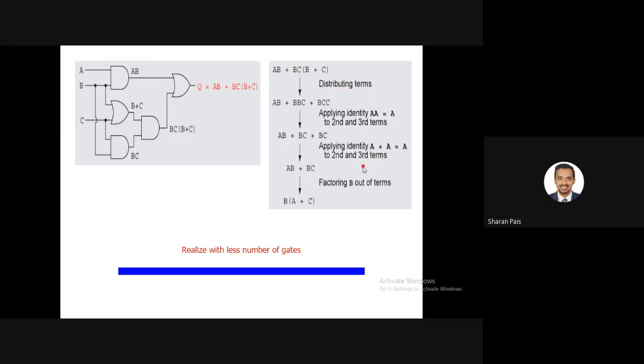When all these Boolean laws are applied, then finally we will get B into A plus C. So here between A and C, I want one OR gate, and after that AND it with B. So only two basic gates are enough.